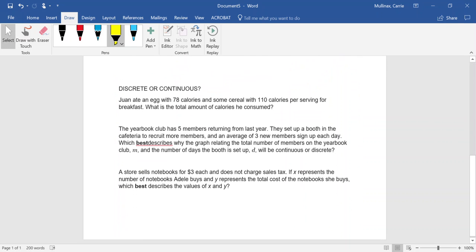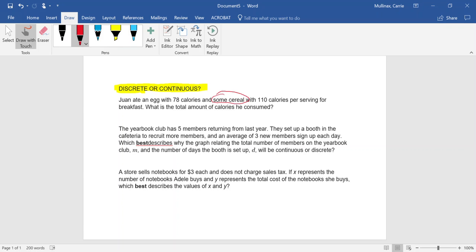Let's look at some other situations and determine, do we think that these situations represent discrete or continuous data? Juan ate an egg with 78 calories and some cereal with 110 calories per serving.